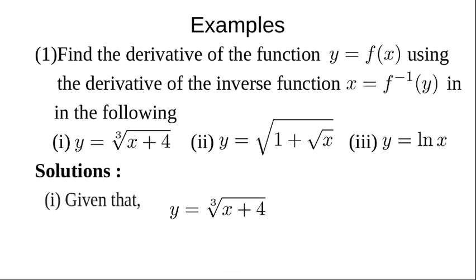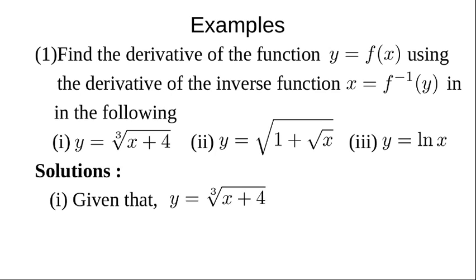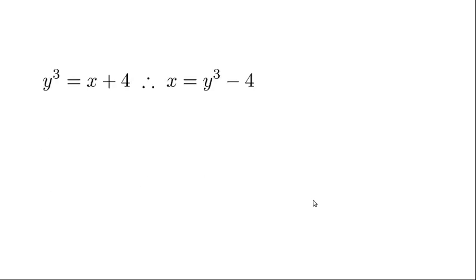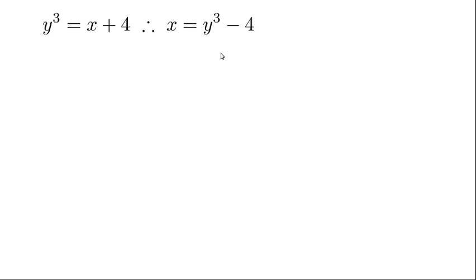First one, y = cube root of x plus 4. So let us express x in terms of y. When you cube this equation, we get y cube = x plus 4. Therefore x = y cube minus 4. So y cube minus 4 is nothing but f inverse of y.